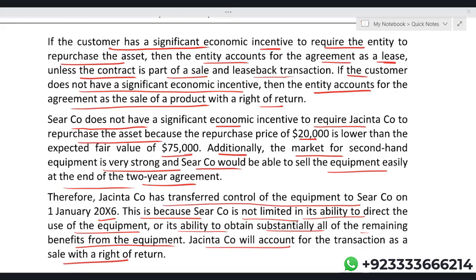Is it clear? Yeah, as an estimate, obviously. If the probability changes in the future, then obviously the impact will be prospective, and Jacinta company will need to recognize the liability.